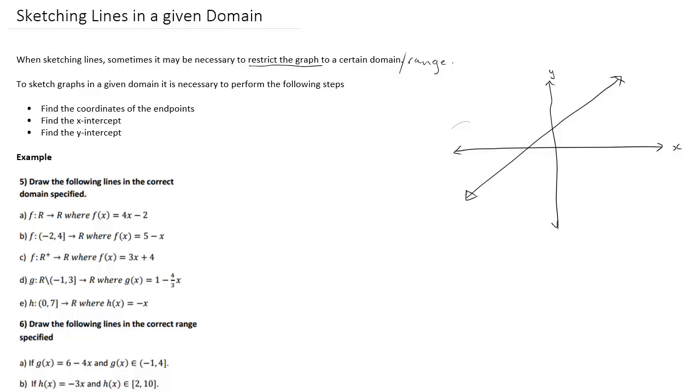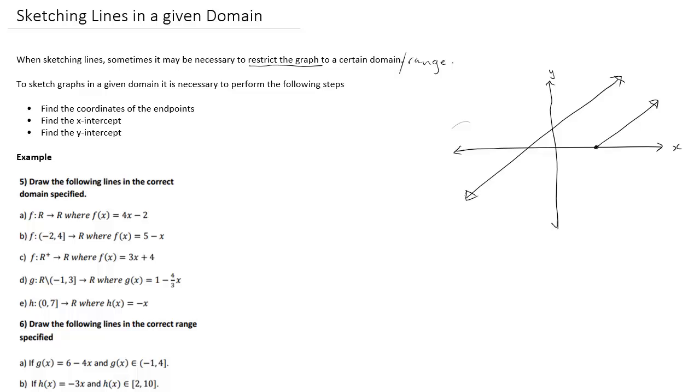Now, maybe for a modeling sort of question, you might just need to explore the linear graph from, say, this point in an application question, from this point here all the way up.